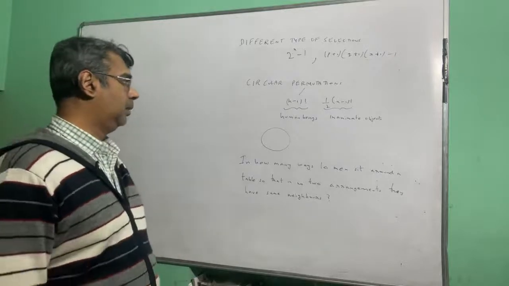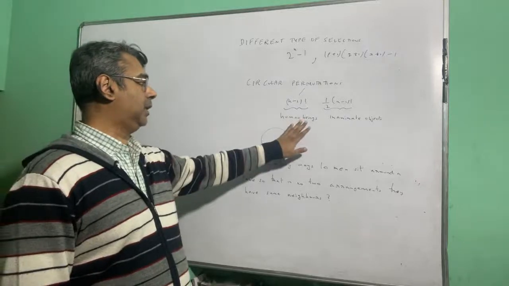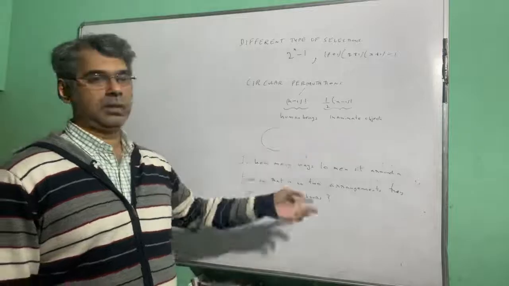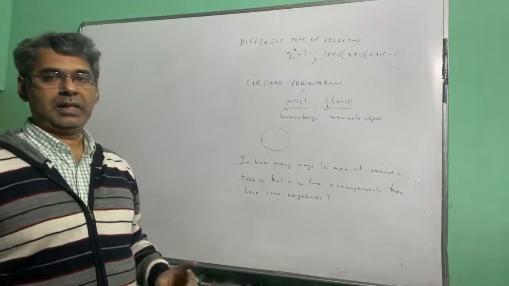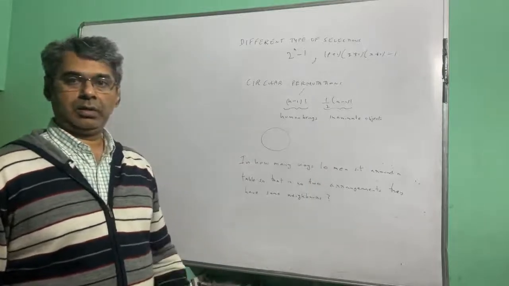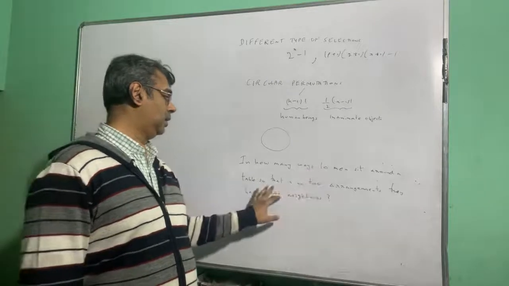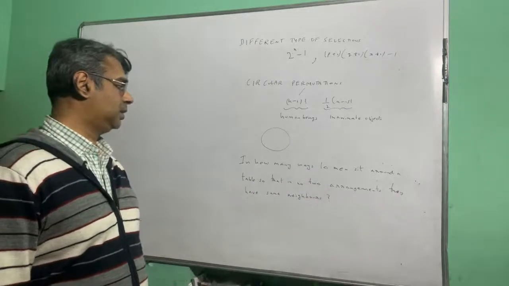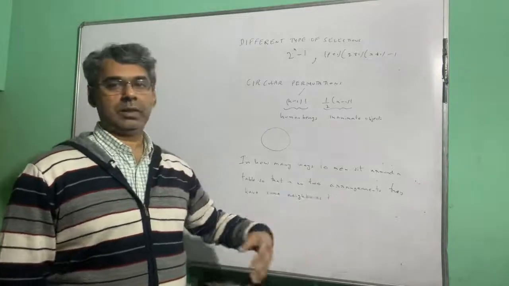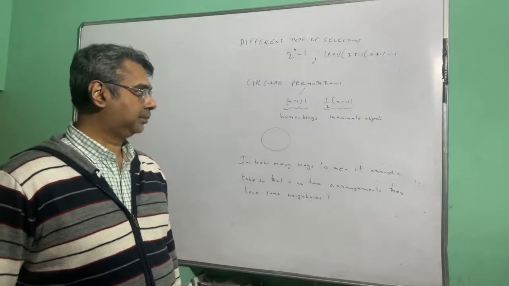Now remember one thing, all of you: why is there a separate formula for human beings and inanimate objects? Because in human beings, clockwise and anti-clockwise are considered different, but in inanimate objects, clockwise and anti-clockwise are considered the same. So it's written 10 men sit around a table so that in no two arrangements they have the same neighbor.